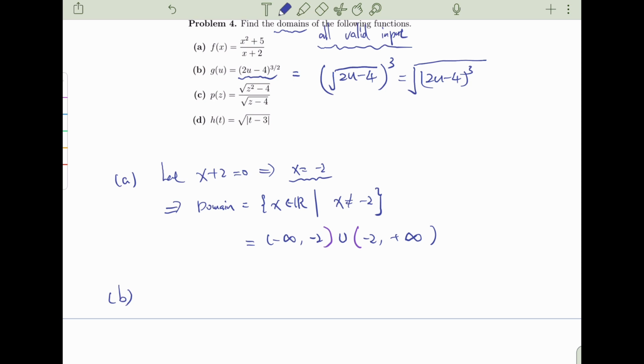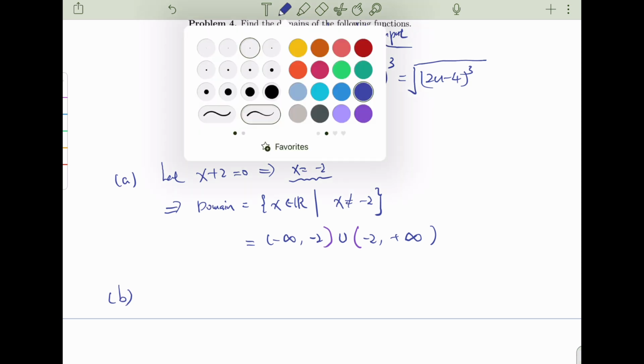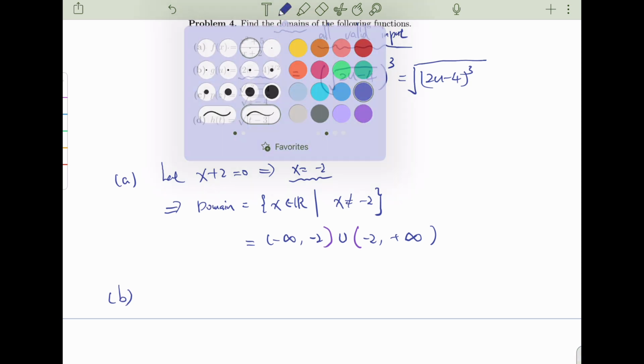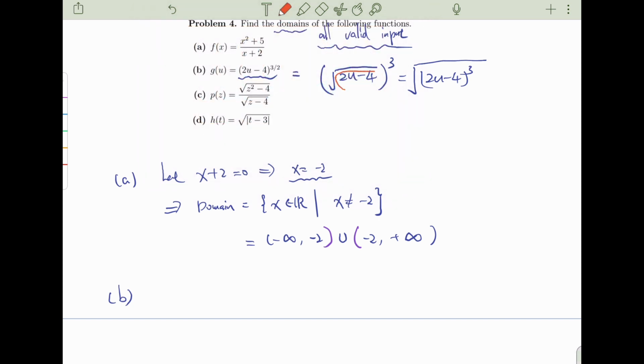Now we have something called the square root. When we have the square root, we have to guarantee that the inside, or what is underneath the square root, is a non-negative value. So what we need is to make sure that the expression underneath the square root is greater than or equal to 0.